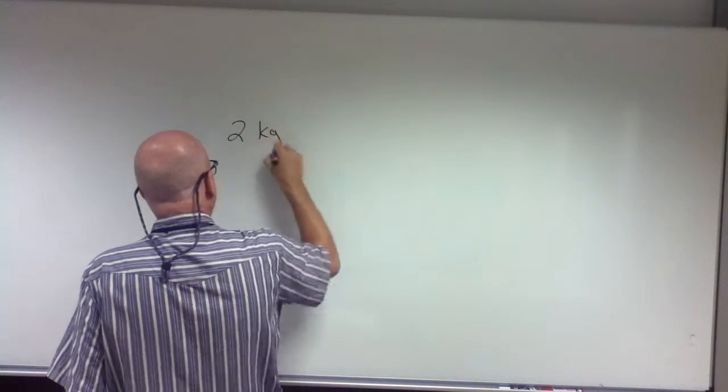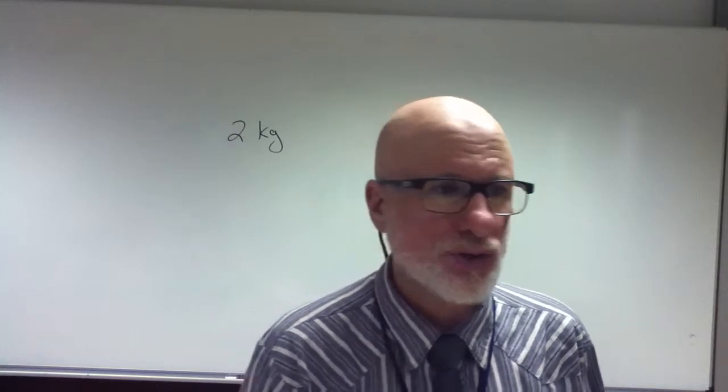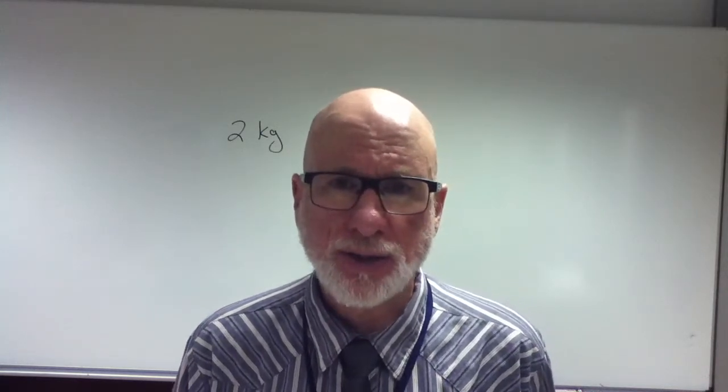Go ahead. 2 kilograms sample of bituminous coal. All right, 2 kilograms. Bituminous coal is what we call soft coal, as opposed to anthracite coal, which is a harder coal. So, 2 kilograms of it.